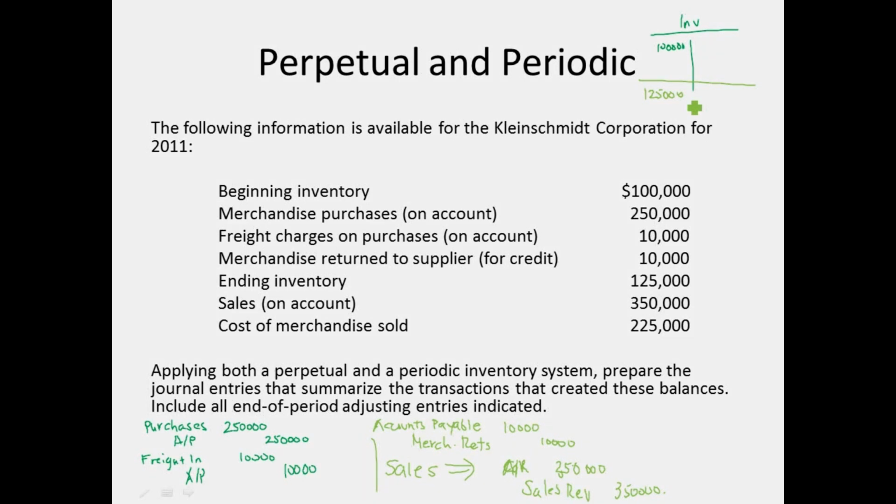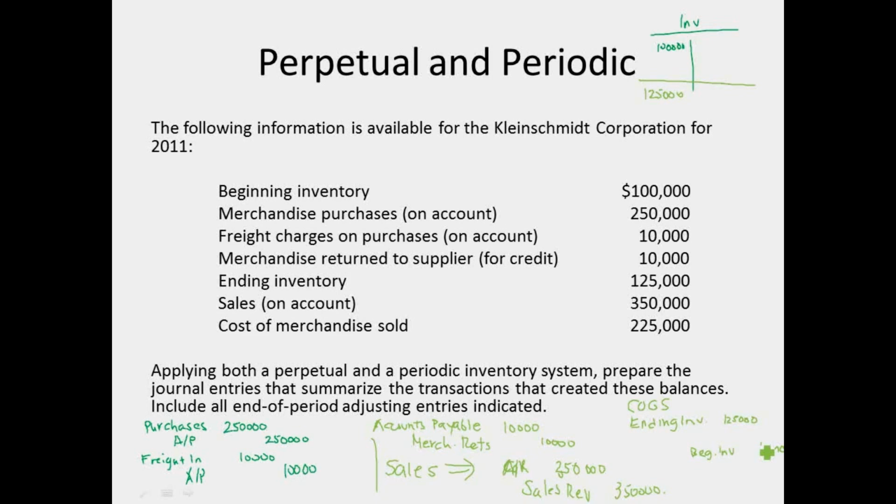So what does that look like? Well, I have cost of goods sold that we're going to figure out backwards. I get rid of my beginning inventory.